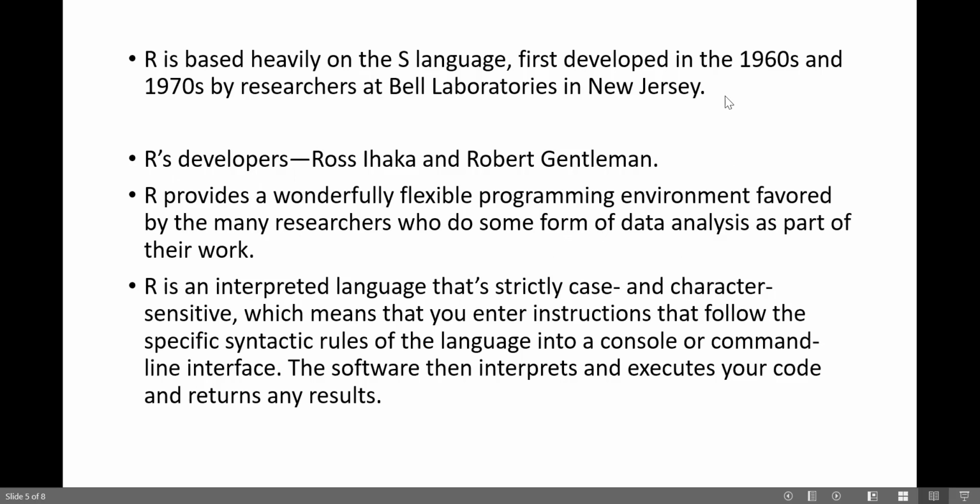R is a high level programming language. Like Python, it is also a high level programming language, but it is very easy to code. If you compare it with Python, it is easier to code, because the R programming language basically consists of many other codes.